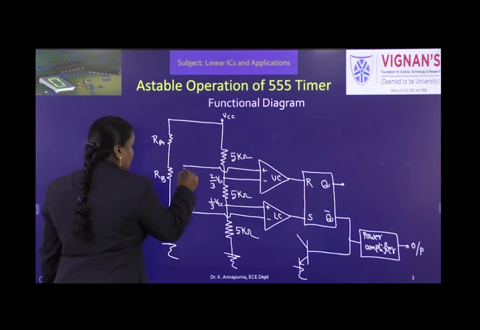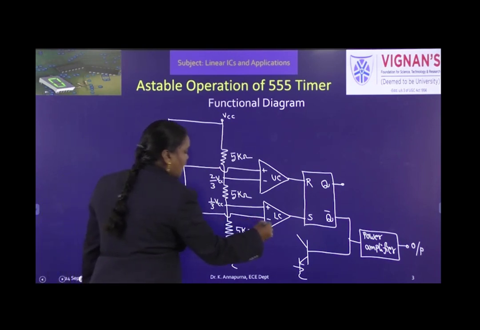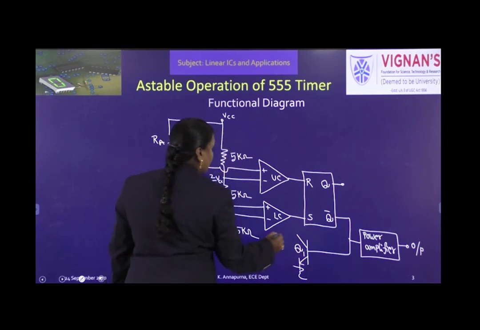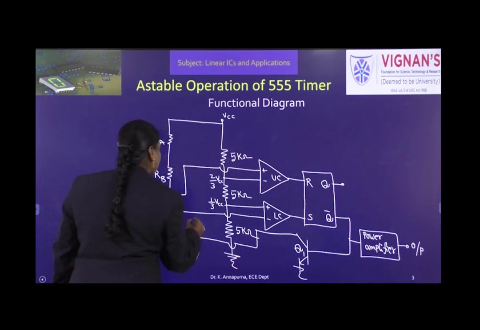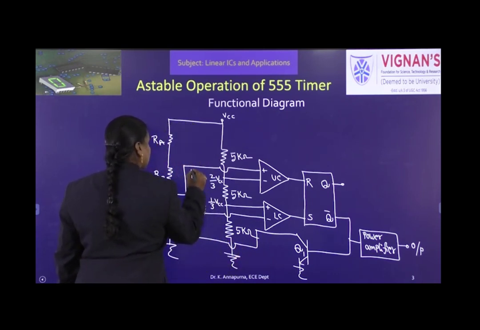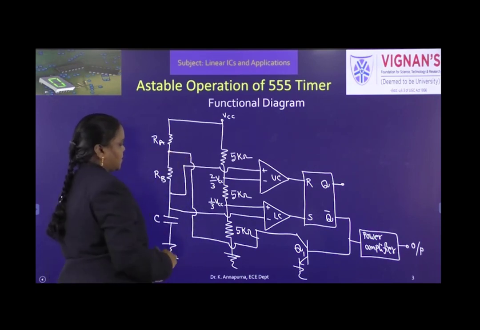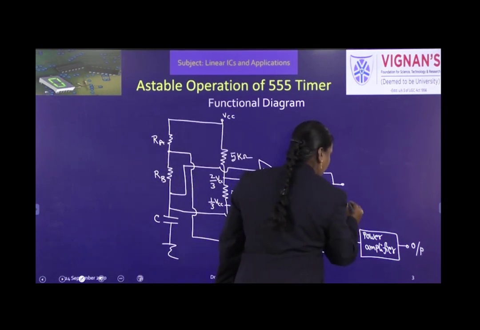And here for both comparators, one of the inputs is this capacitor voltage, and discharging is through this transistor Q1. So the discharge path is here, and here there will be reset.